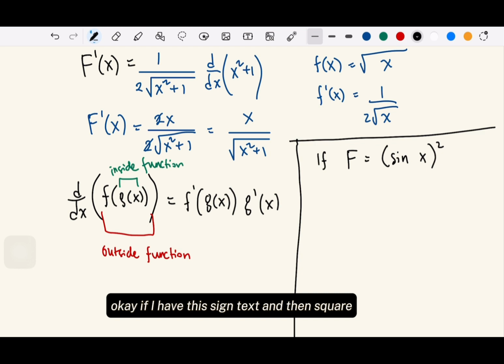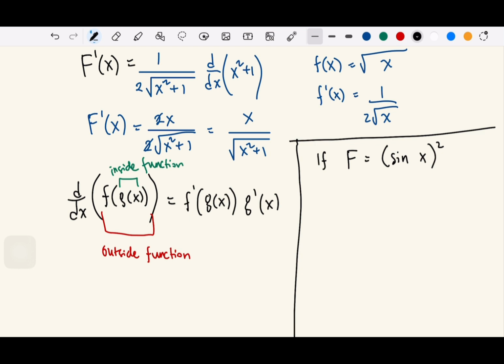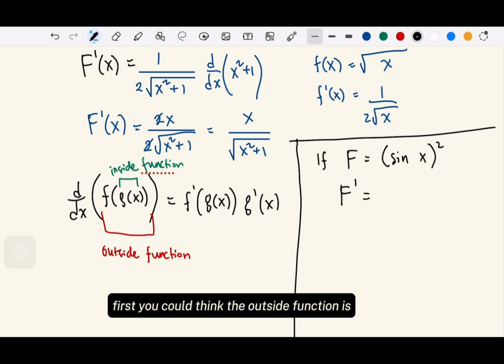If I have sine x and then squared, what will be f prime? First, you could think the outside function is the one that has the square, and the inside function is sine x.